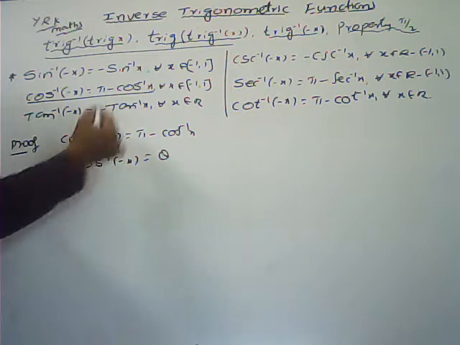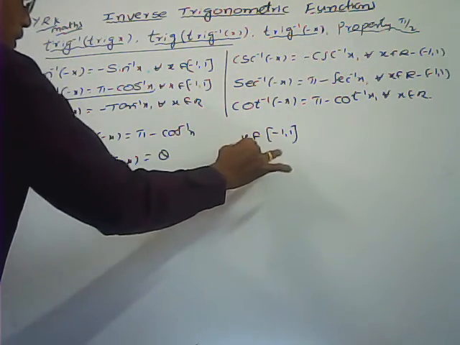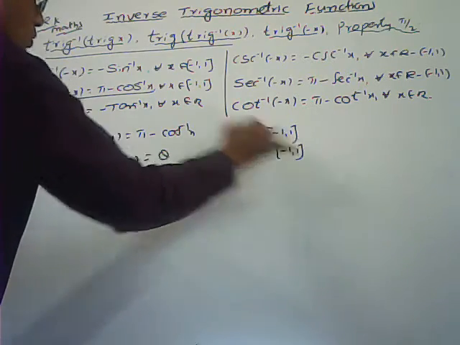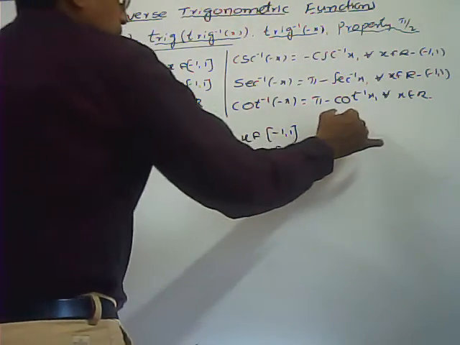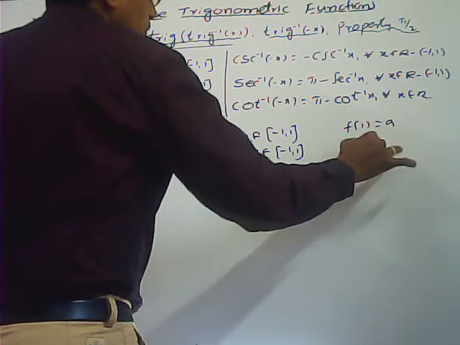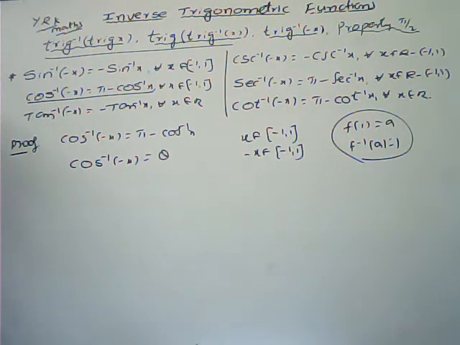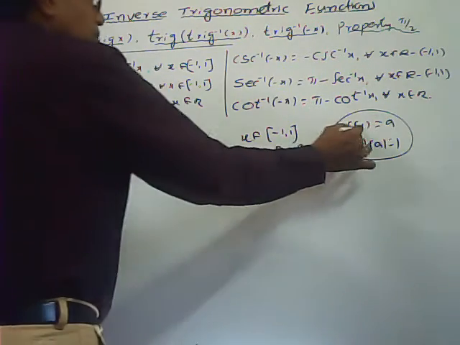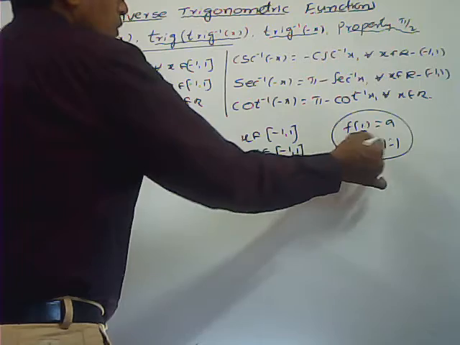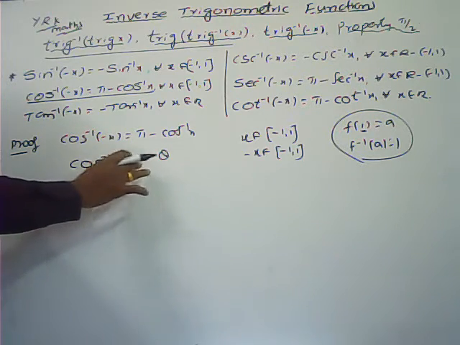Here x belongs to [-1, 1], and minus x also belongs to [-1, 1]. Previously I also told you, if f is bijective, for example f of 1 equals a, then f inverse of a equals 1. Here a is the image of 1 under f, and 1 is the inverse image of a under f. So here also we are writing the same thing.